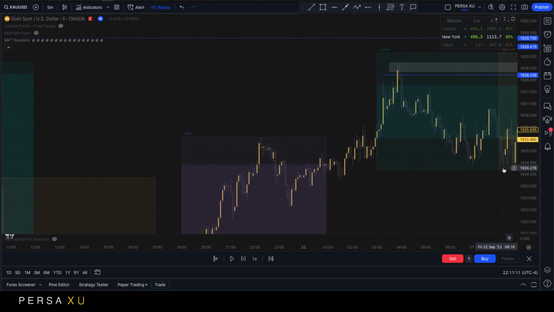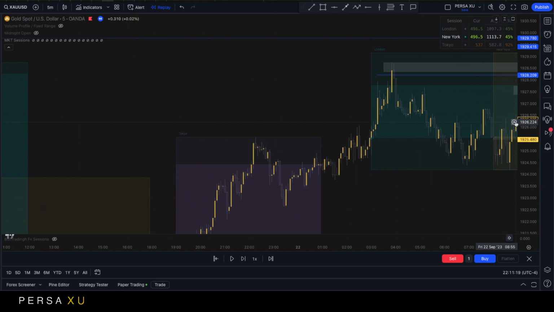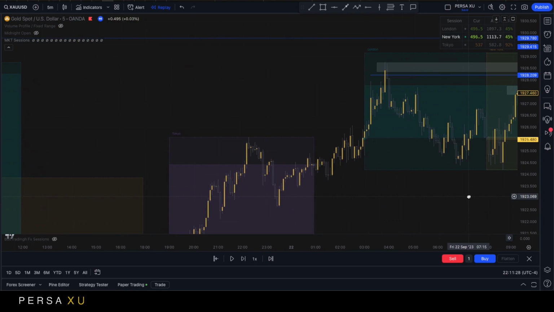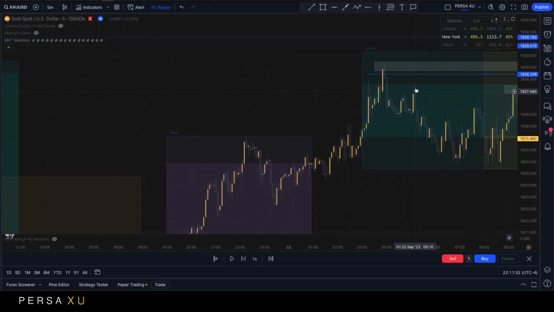It created a new low, but it started showing me intentions of going back up to this previous high, and eventually, as you know, it tested London's high. You see that? So it went to this previous high.